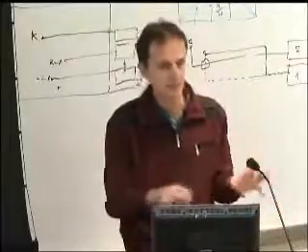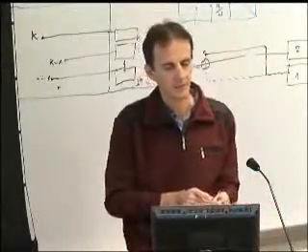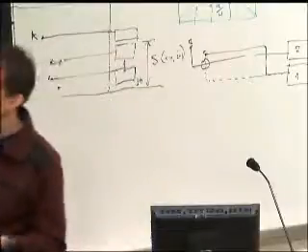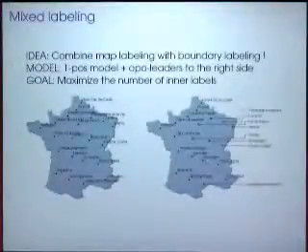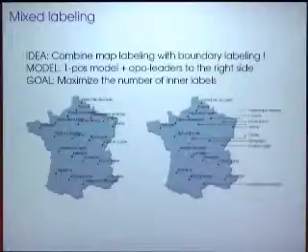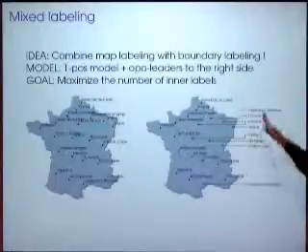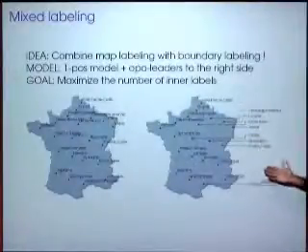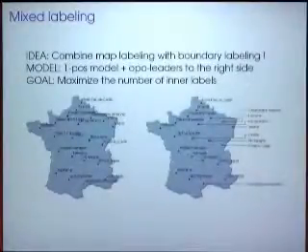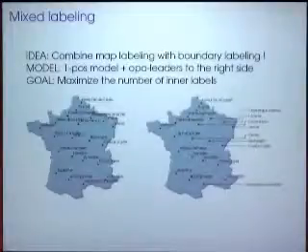So we mix it. We just take a very simple model, one position, northeast corner, and OPO leaders to the right-hand side. And this gives that solution without cluttering. Quite nice, I think.